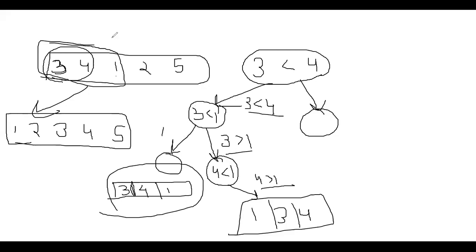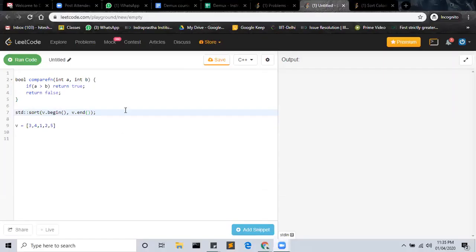So now going back. What this algorithm does is it creates this tree. Let's just take the smaller example, 3, 4, 1. It compares 3 with 4, it compares 4 with 1, it compares 3 with 1.